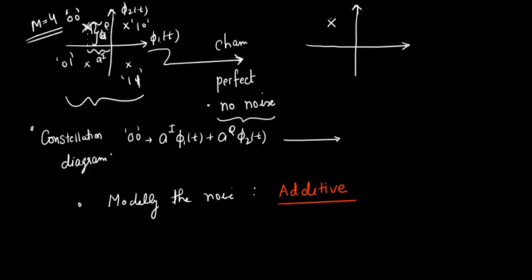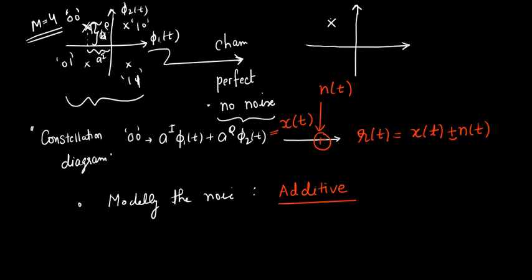Noise is additive in nature, meaning that if you are transmitting this signal xt, at the receiver you will receive rt, which is xt plus nt. So your noise is additive in nature.